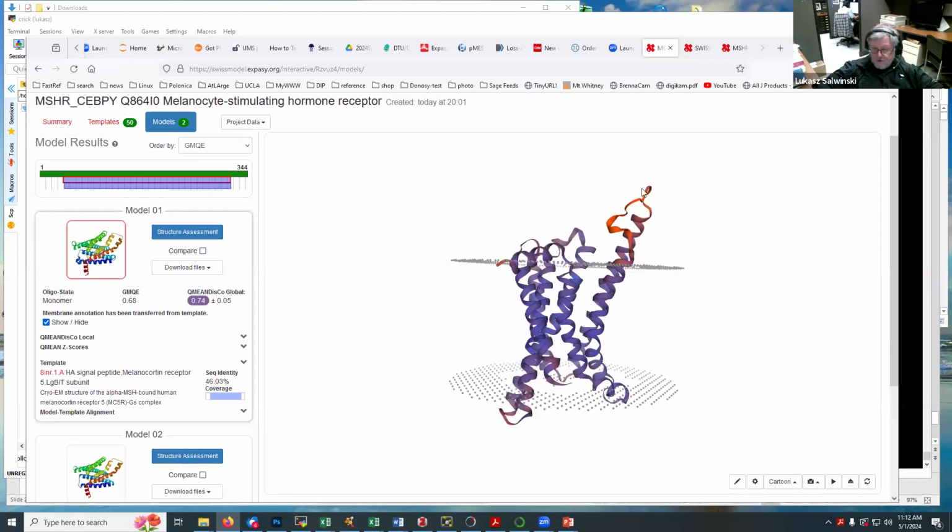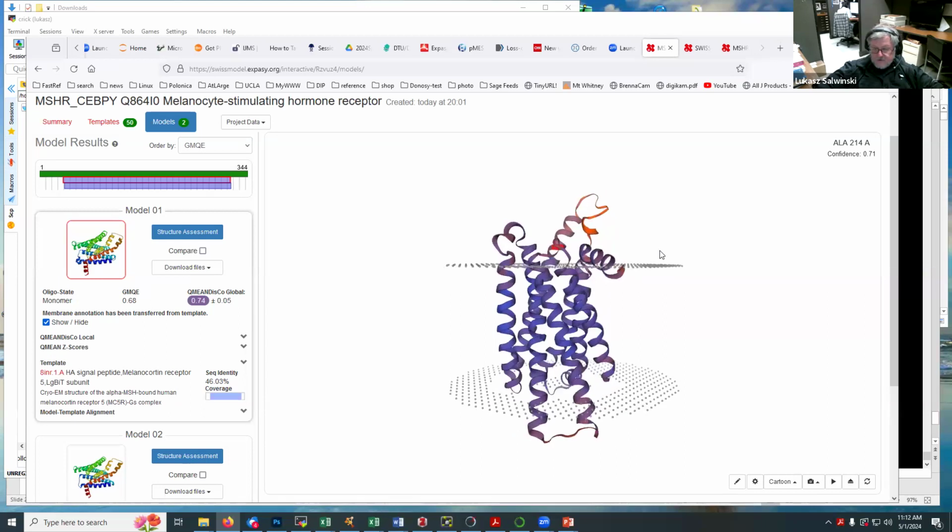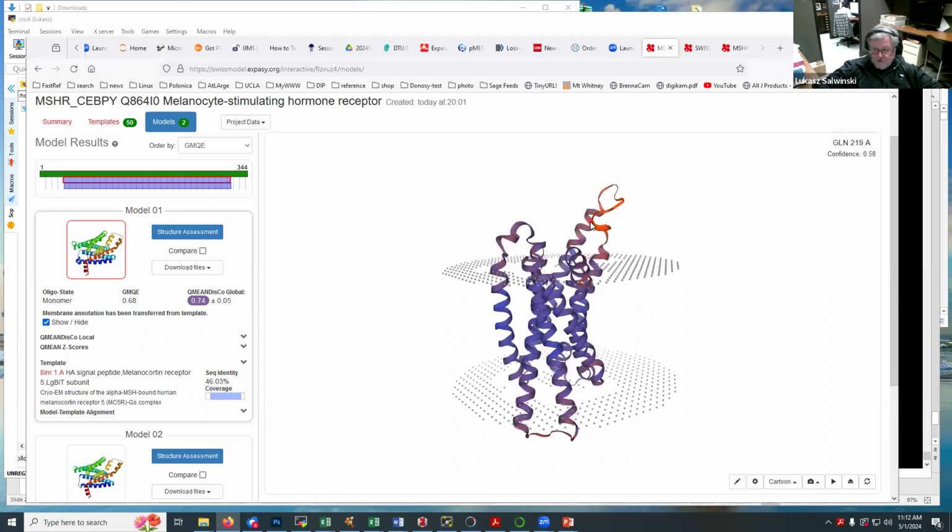Things in red are predicted with lower confidence. The position of the residues within this loop are less certain. This is to a large extent because this is probably the loop that differs from our template.